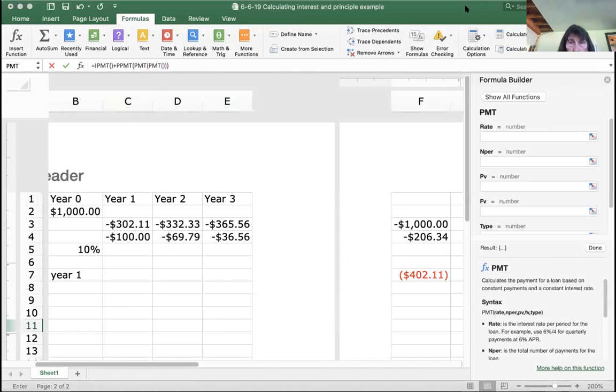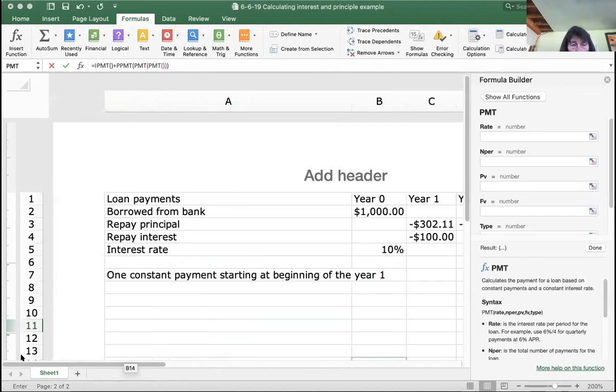So this is what it looks like. I want to get back to the slide, so let me move this. So constant payment starting at the beginning of year 1. Here's our interest rate. Here's what we're borrowing, and here's our number of years.